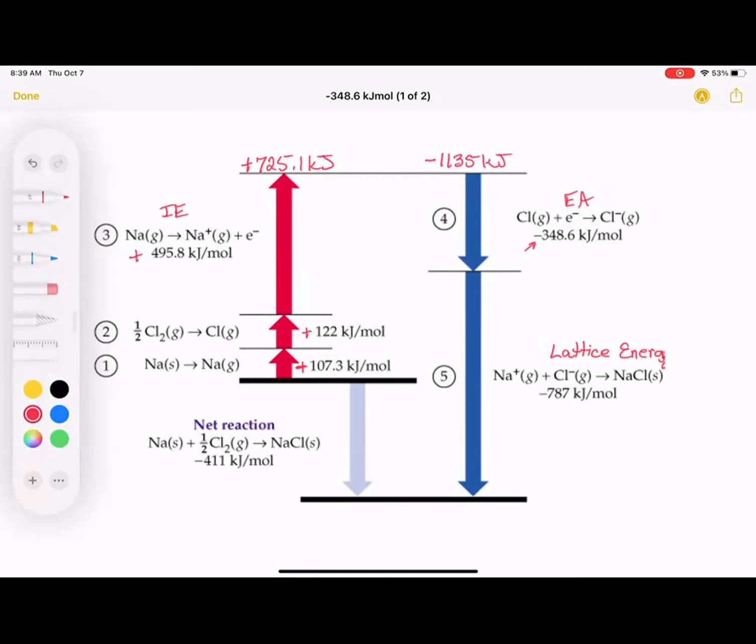If you combine those two, that is where we get the negative 411 kilojoules of energy. And because it is negative, it means that this is an exergonic process, which is a favorable process.